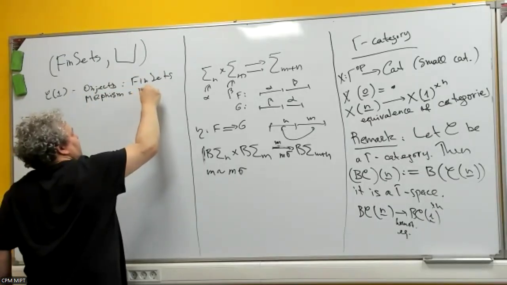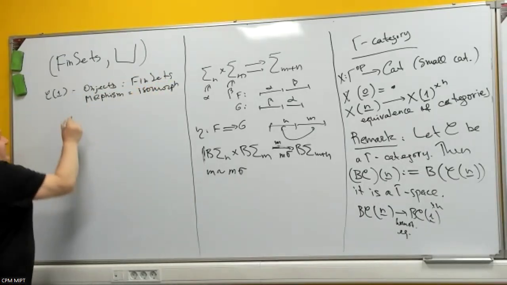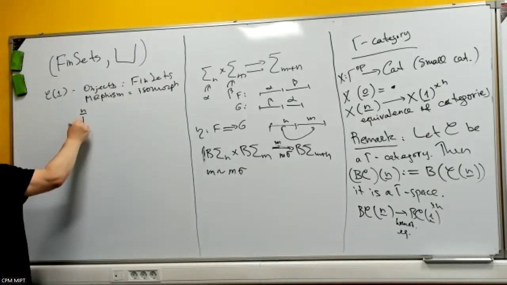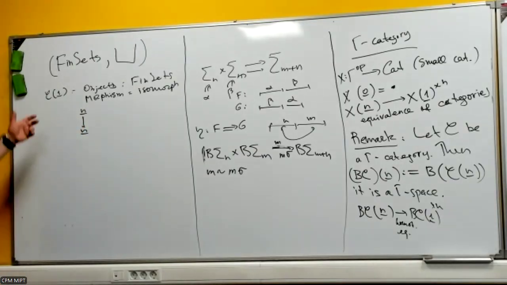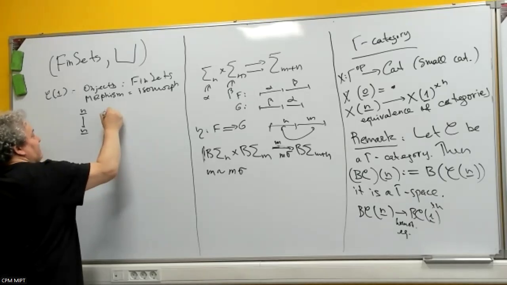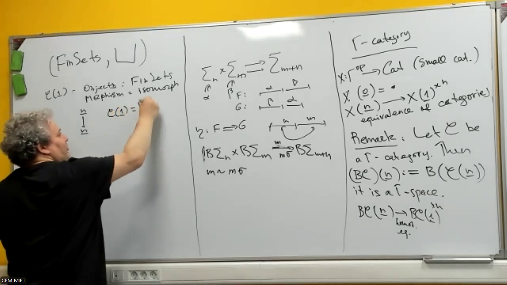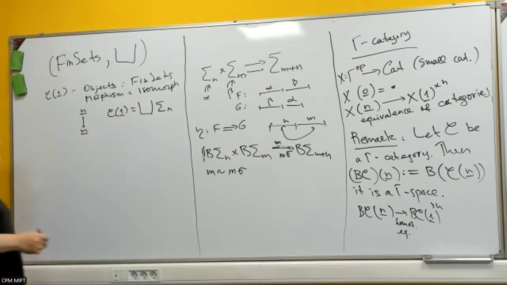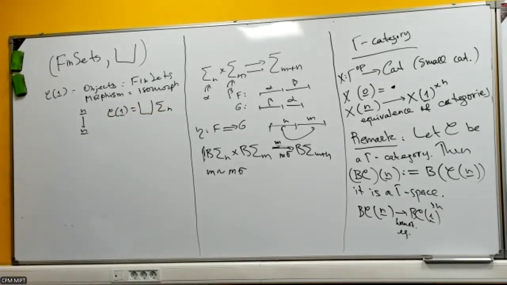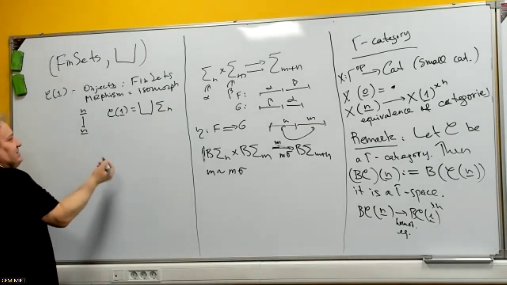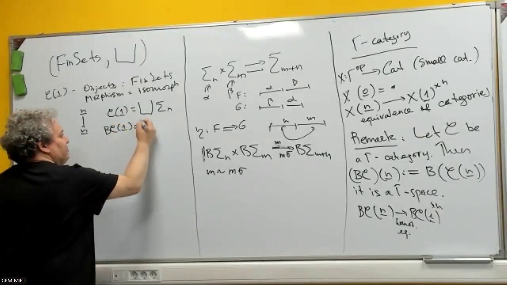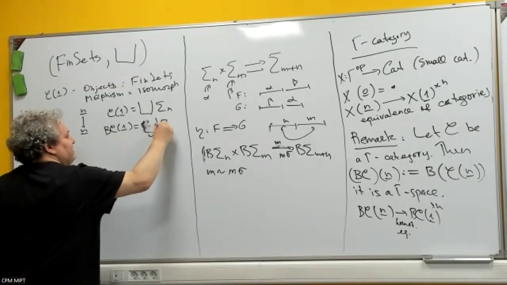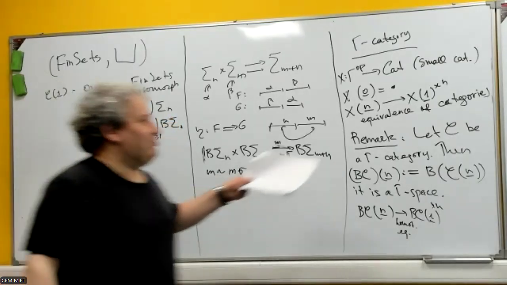For each n we have a finite set of n elements, and the morphisms are isomorphisms from n to n, all permutations. So if we take this C1, it's actually the disjoint union of sigma n as categories, right? And when we take the classifying space, BC1 is exactly the disjoint union over n of B sigma n. So exactly what we want to get.